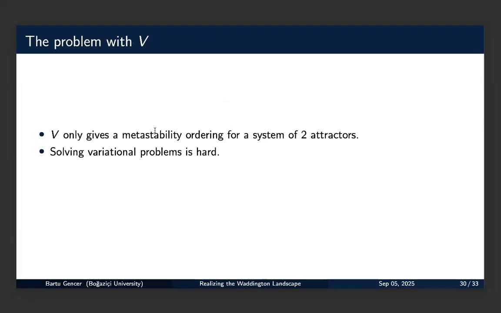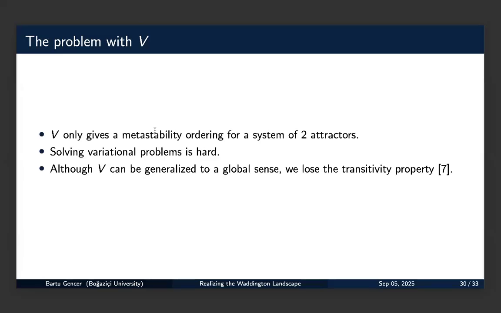Also, solving variational problems is hard. Also, it turns out we can generalize this to a global sense, but when we do that, we lose the transitivity property. And as it happens in math, when you lose transitivity, you also lose the sense of ordering.